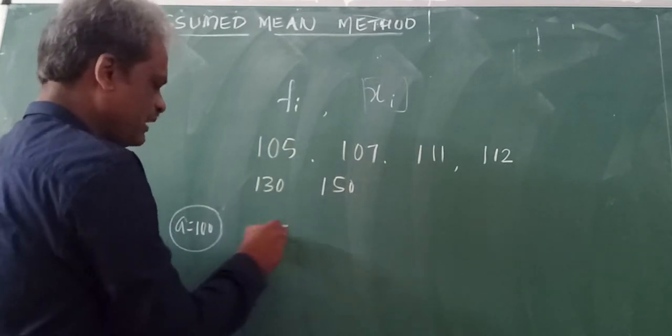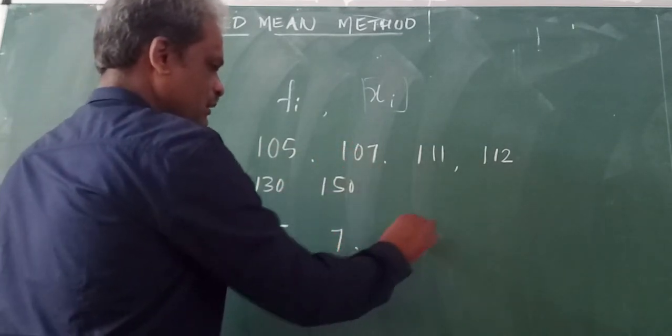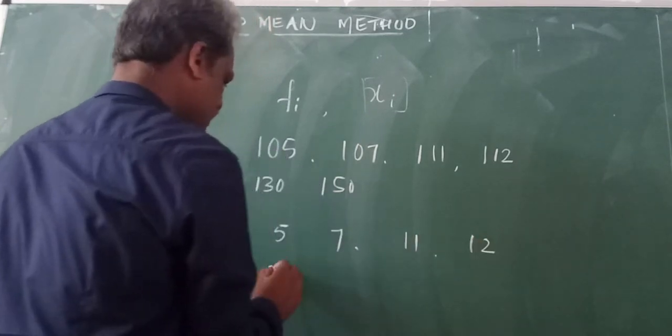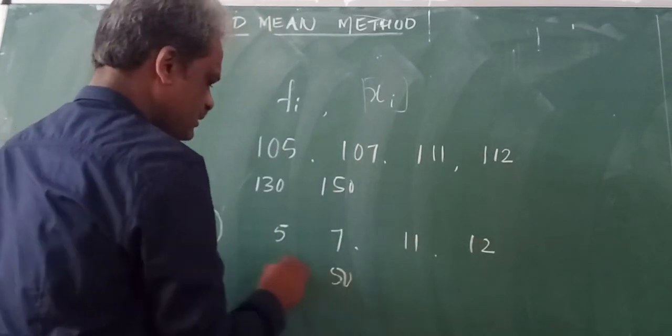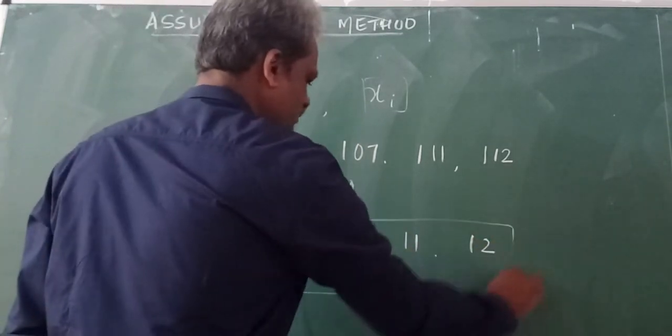So here we get 5, 7, 11, 12, then 30, 50. Find the mean value of these.